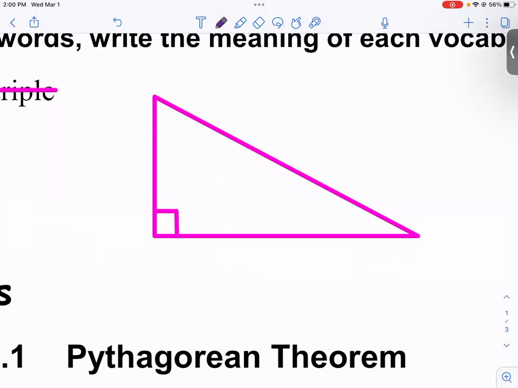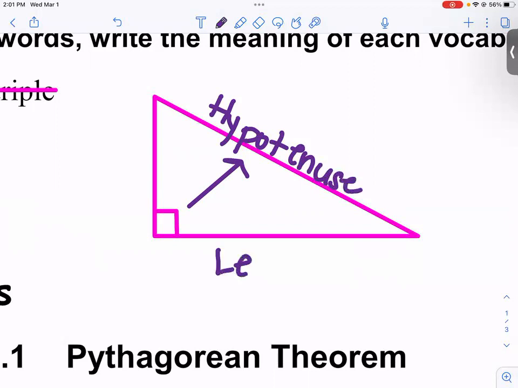What do we call this side over here? The hypotenuse. And the other two are called legs. Then it should be an easy section. Get out your student journal.